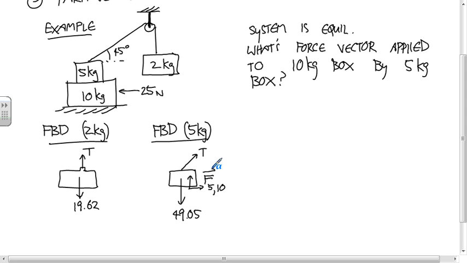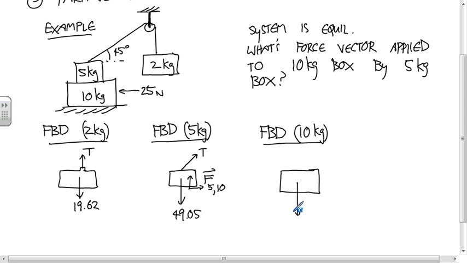Then a free body diagram of the 10 kilogram box. What forces are acting on this one? Yeah, there's the 25.